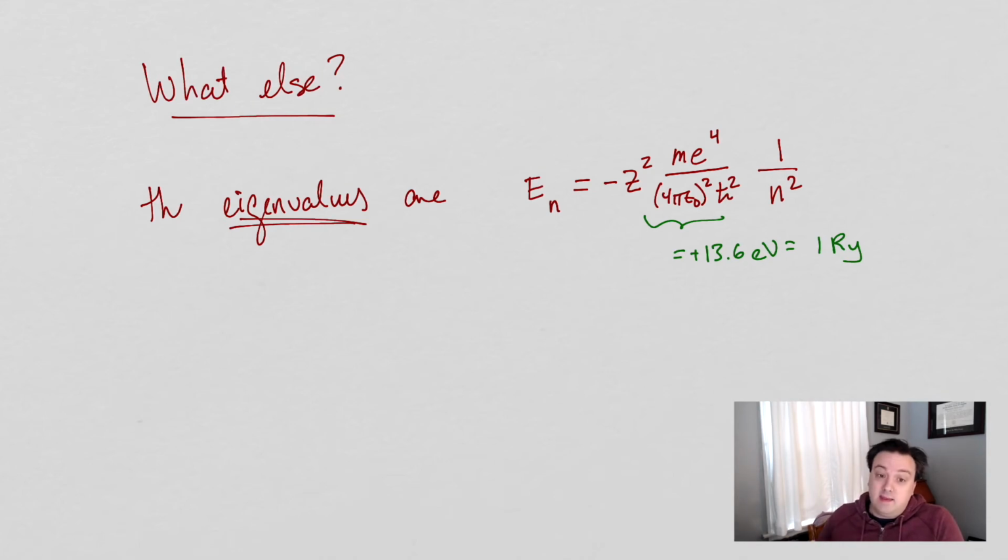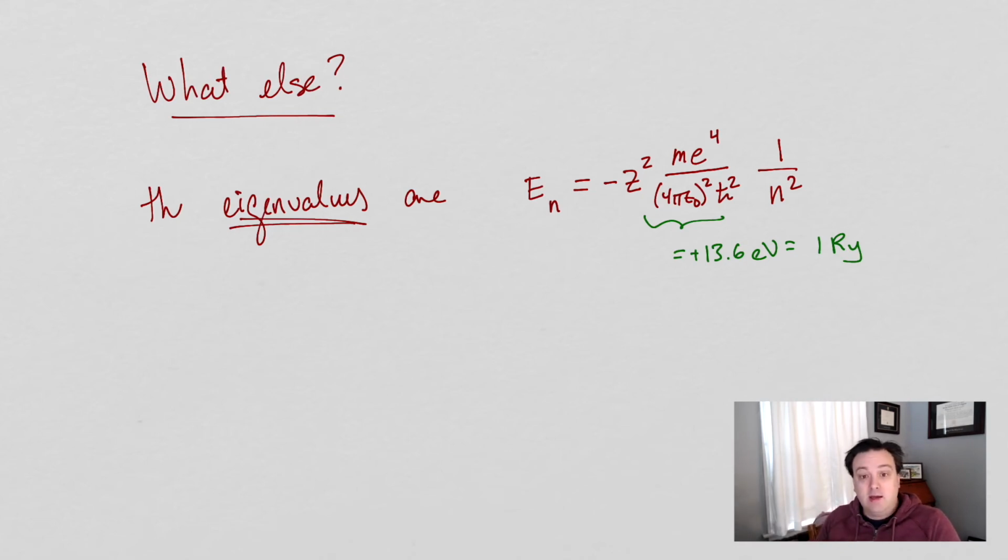But then the energy states go as 1 over n squared, right? So n equals 1 is the lowest energy state because it's minus 1 over 1, which is minus 1 times 13.6 electron volts. That's the binding energy of the hydrogen atom.